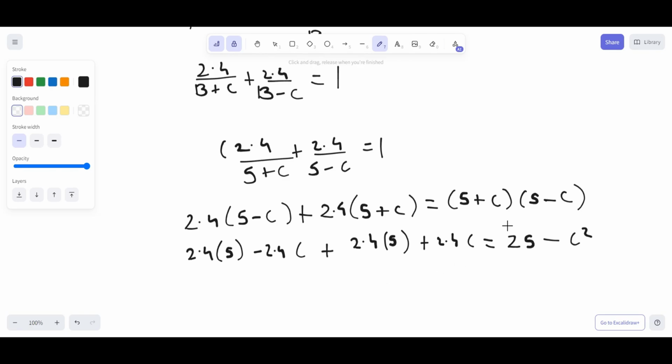And a plus b into a minus b is a square minus b square. So this is the formula over here.